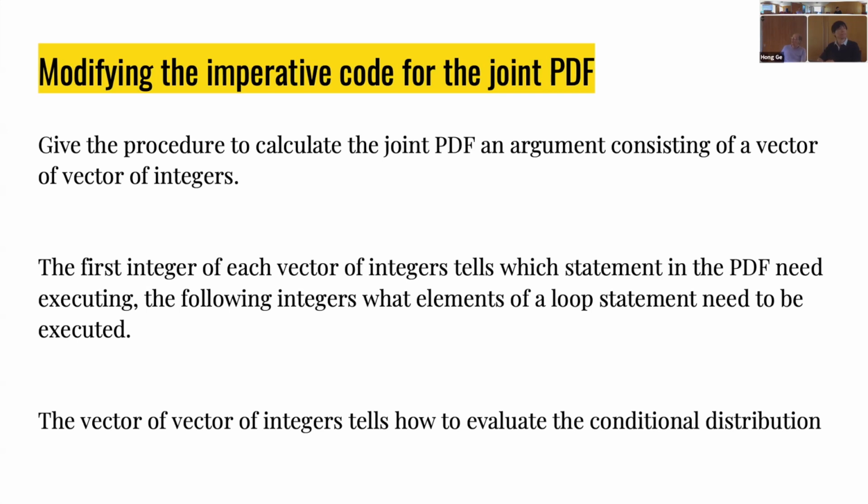So once you have these vectors of integers, they give you the conditional independent structure of the model. So all you need to do is have a way of calculating these integers, and then you can do a Gibbs sampling approach to any model.